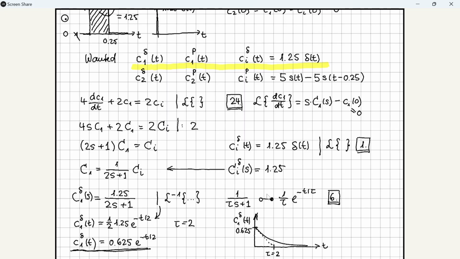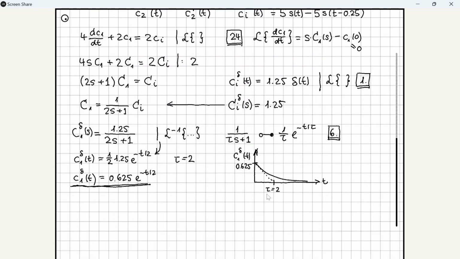So now the only thing we've done incorrectly is we have to shift the whole plot up by +1, because our concentration started at 1, and it will go back to 1. It won't drop below 1. So I should have underlined this here.